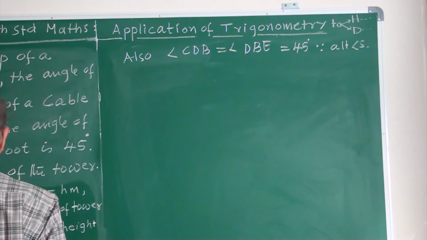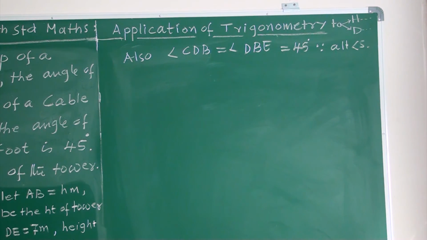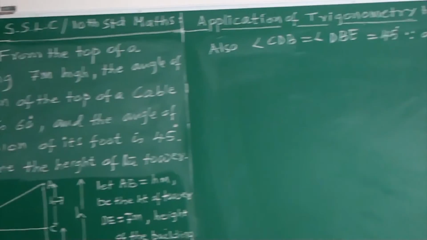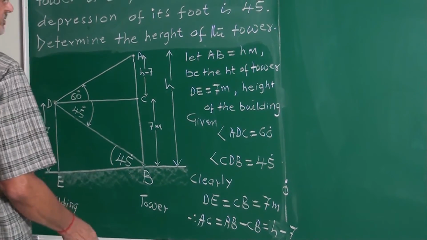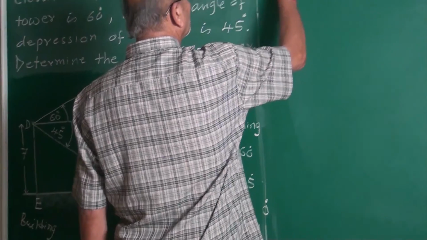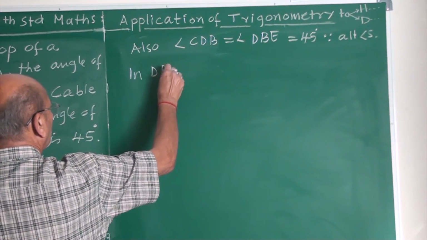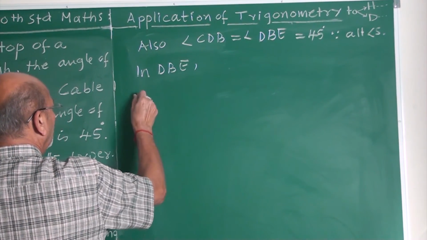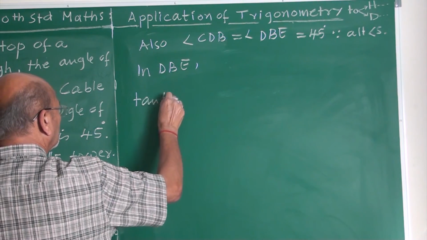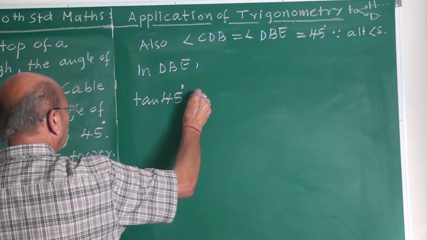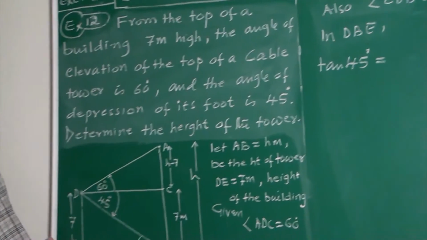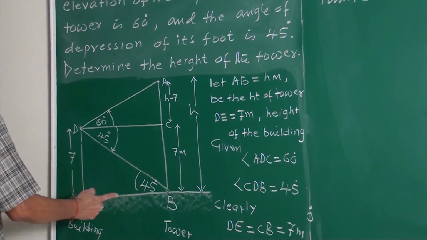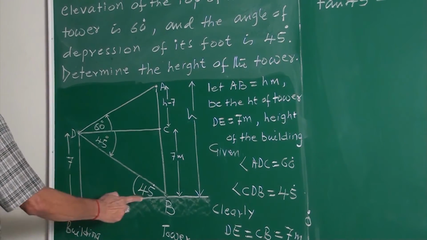Yes. Now from the triangle BDE, or DEB, in triangle DBE, tan 45 is DE upon BE.